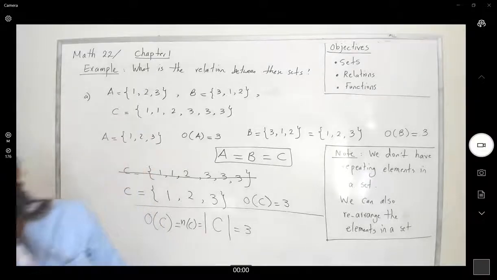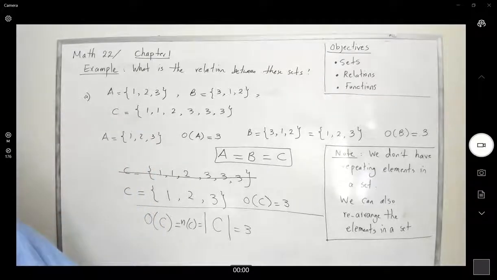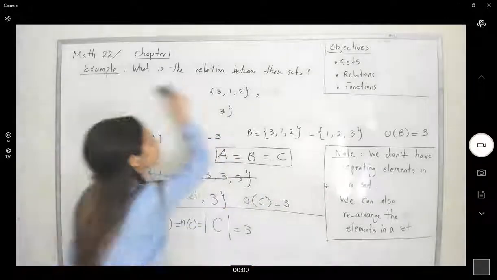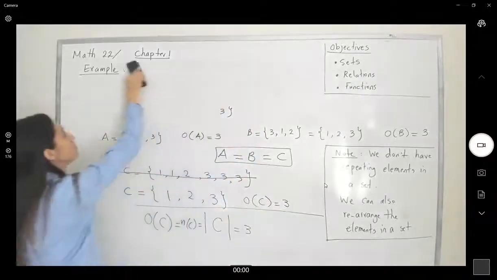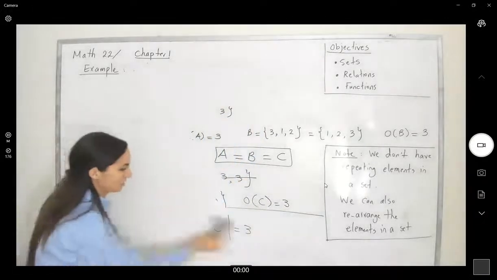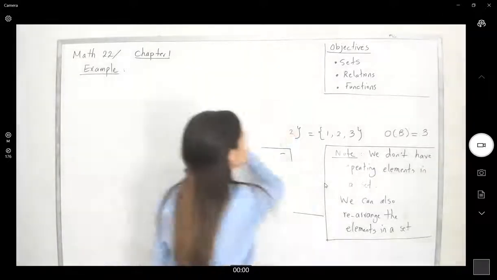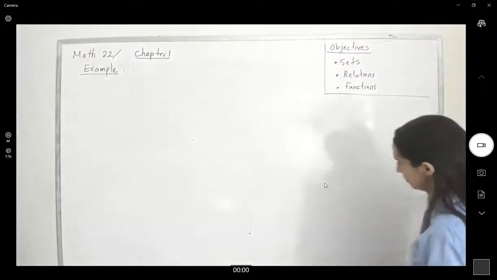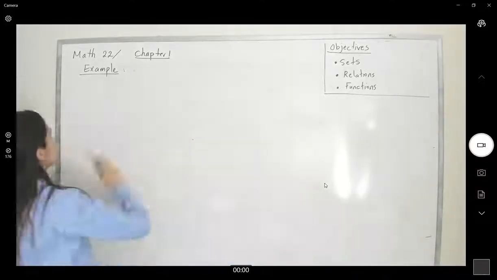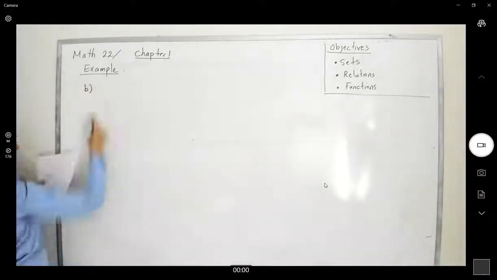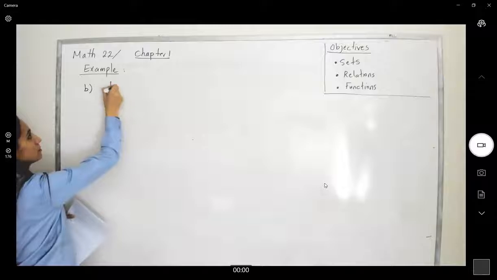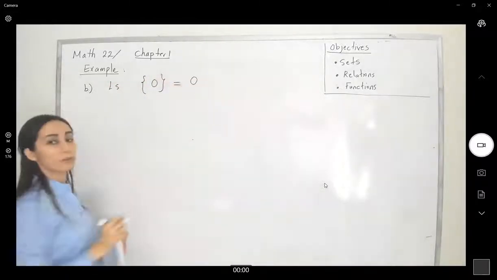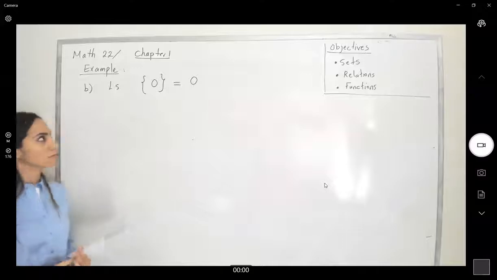Let's take a look at part B. Part B says, is it true? Are these two equal to each other? Is set including 0 equal to 0 itself?